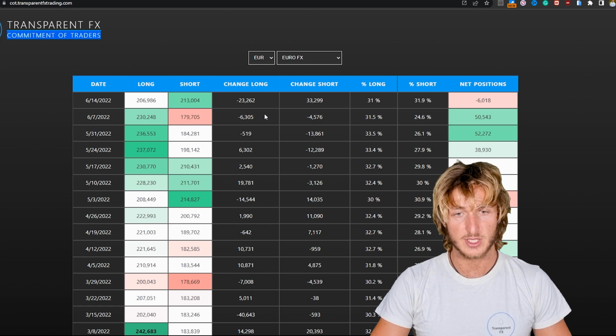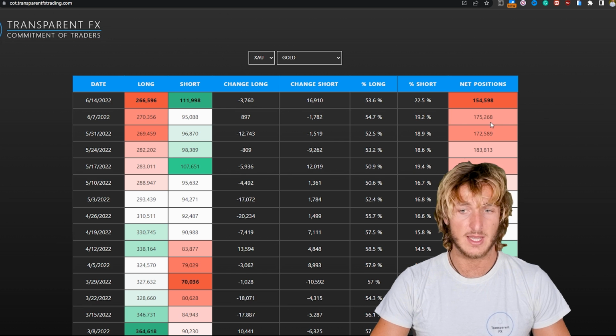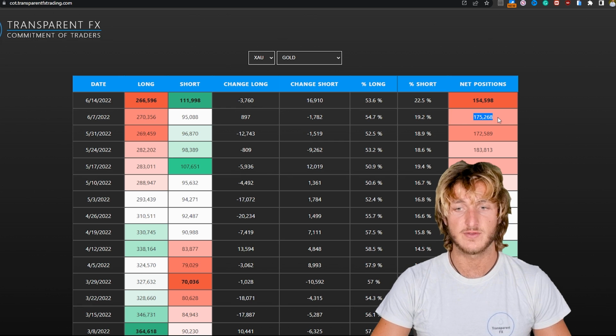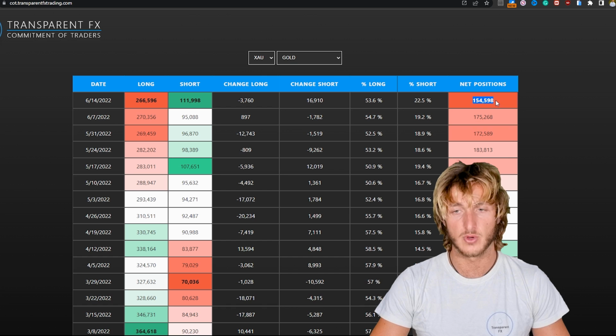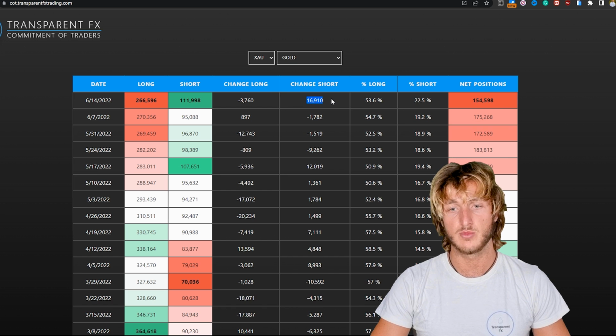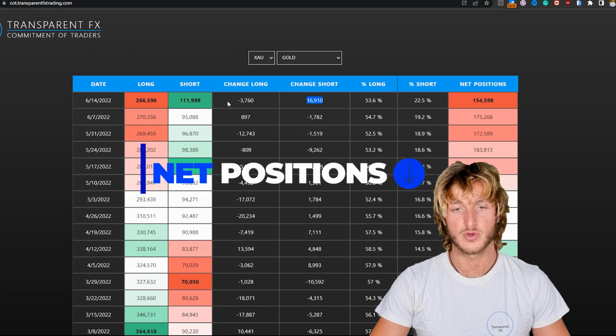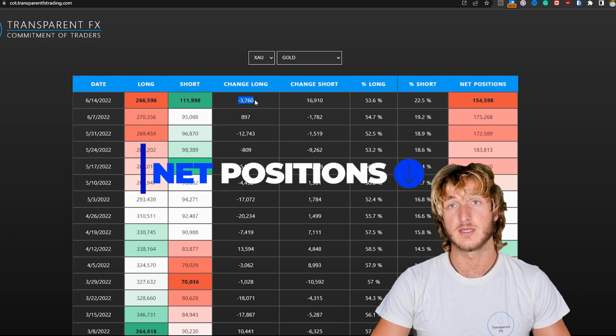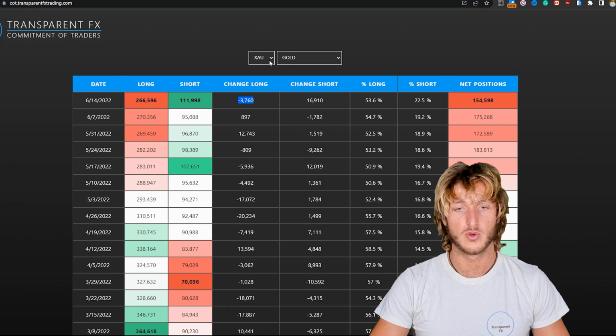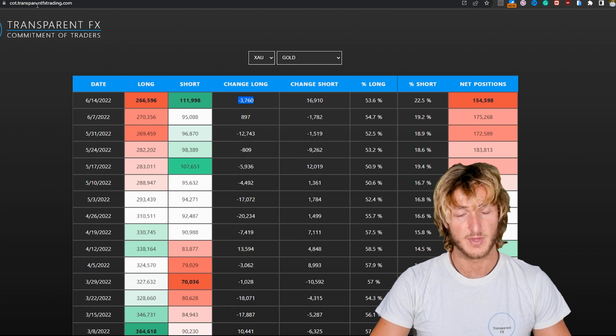Now, if we check the data for gold, we can see how with the last report, we went from 175K to 154K net positions, with 16.9K shorts added in the last report and 3.7K longs getting closed, making gold quite bearish at the moment.